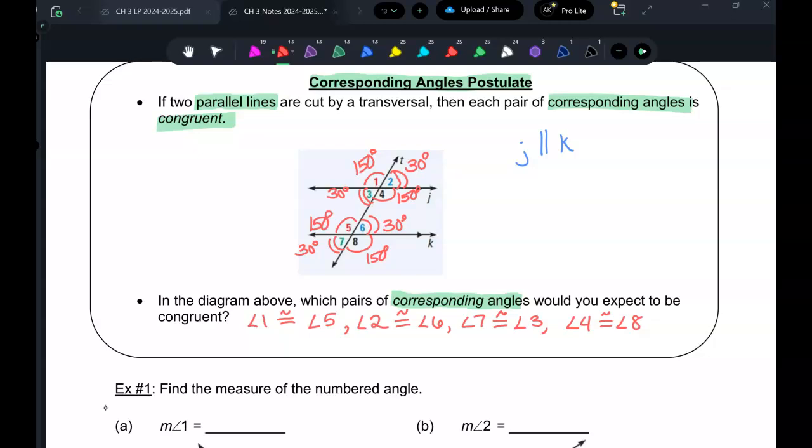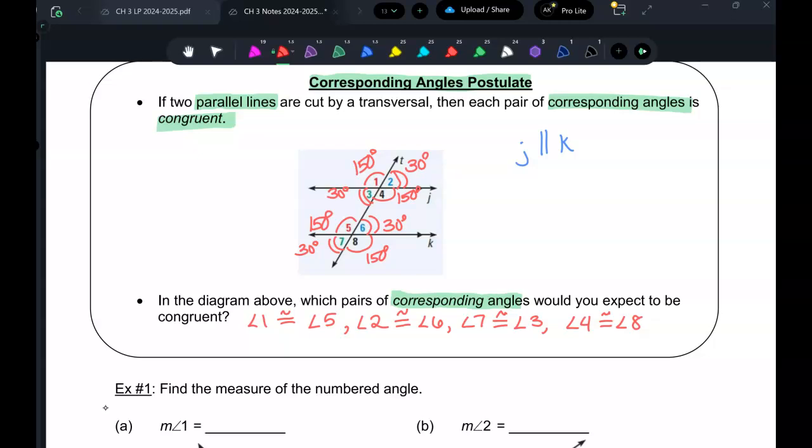So just as an example, if I drew these and I said this is 120 degrees, do I know what that angle is? Not necessarily. We know what that would be if they're parallel. If they're not parallel, I can't tell any information about it. But if they are parallel, they're going to be the same.